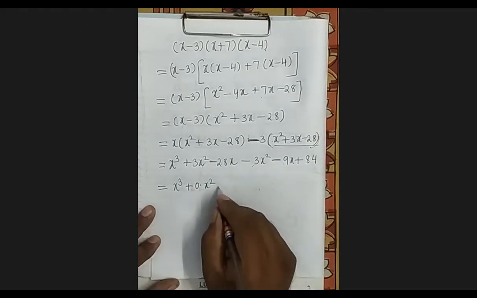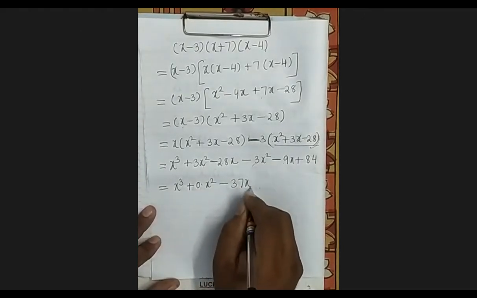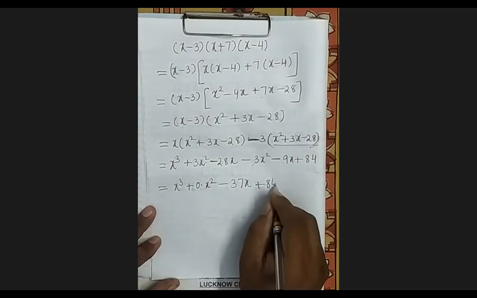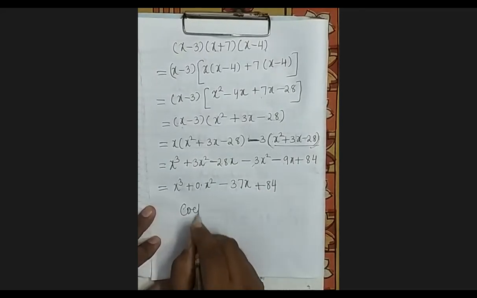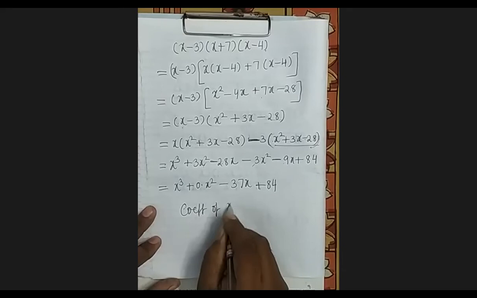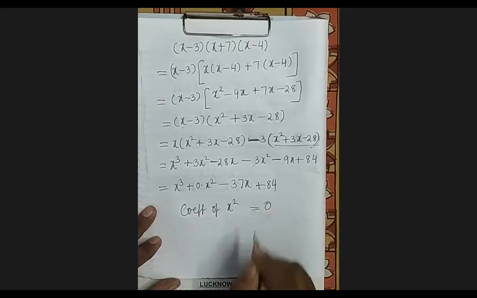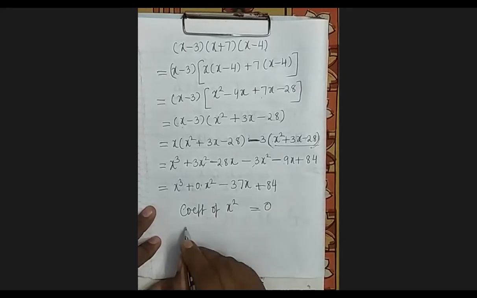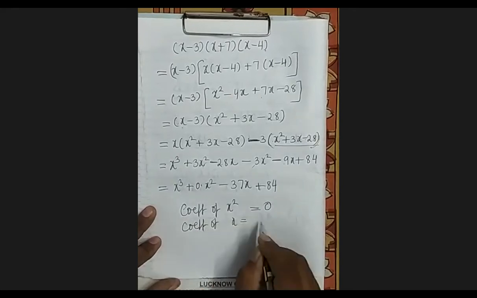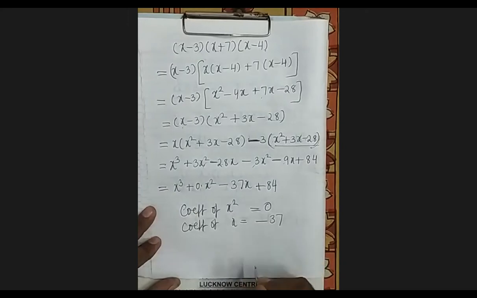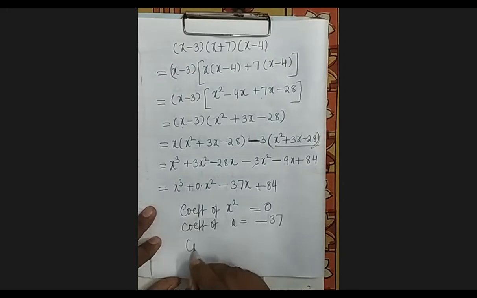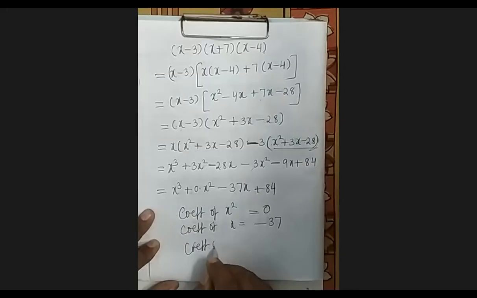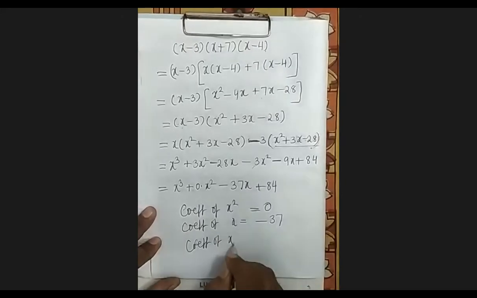So it will be equal to minus 37x plus 84. So what is the coefficient of x square? It is equal to 0. What is the coefficient of x? It is minus 37. What is the coefficient of x cube?